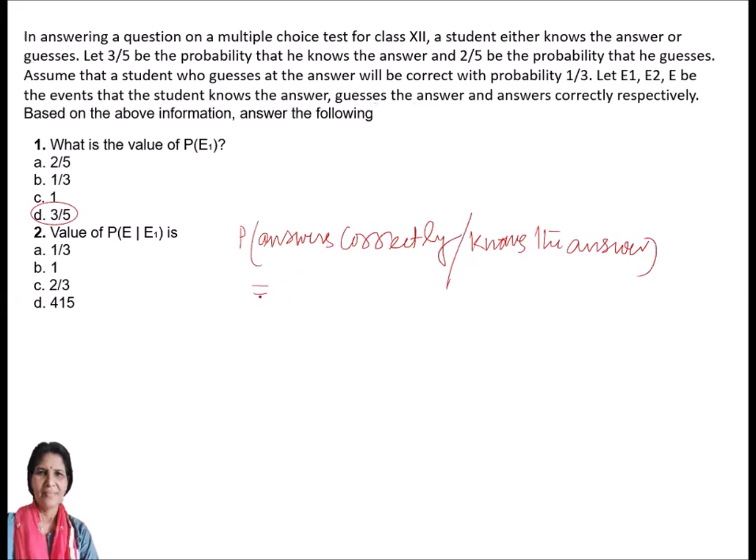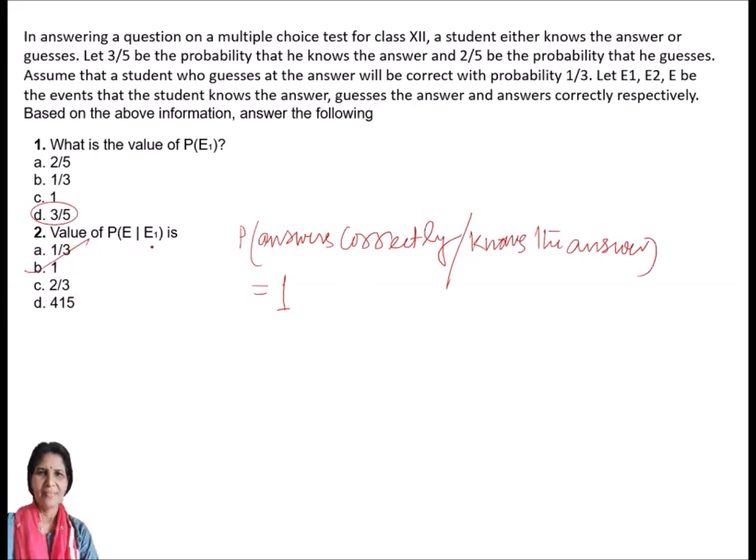I know the answer and I am writing, that means I am answering correctly. So the probability is always 1. I repeat, I know the answer and I am answering correctly, that means it will be a sure event. The probability is 1.